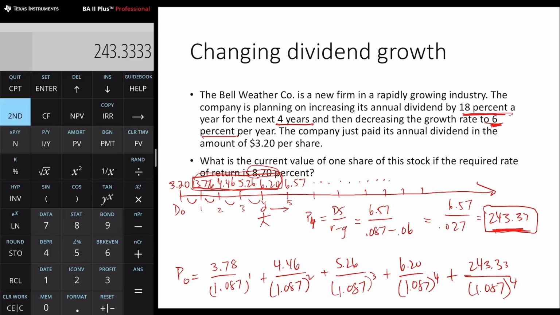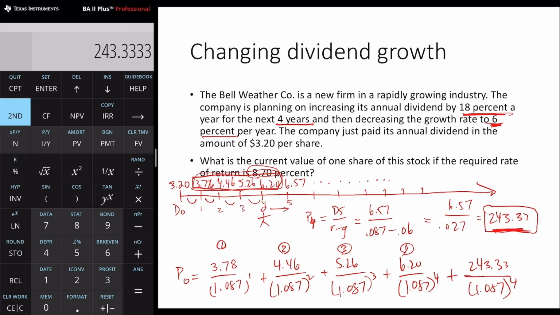So it's kind of long and drawn out, and I can let you do the math here. But the basic idea is that we have these dividends at time 1, 2, 3, and 4 that have this abnormal growth rate of 18% per year.